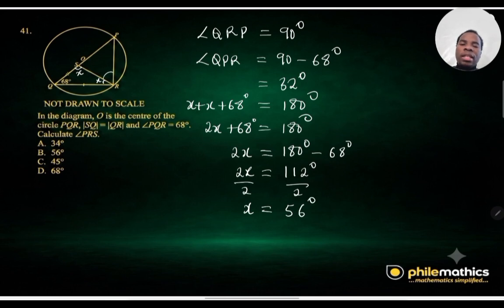Now that we have gotten that x is 56 degrees, remember from the beginning we said that angle QRP is 90 degrees simply because of angle in a semicircle.